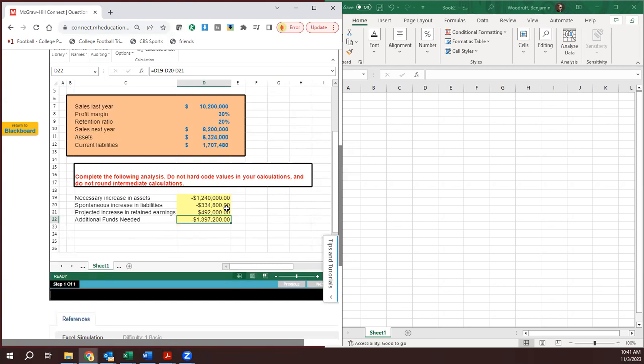But in this case, they're both negative numbers. I would just say, what's my assets minus those liabilities, and then minus the retained earnings. If you think about it again, it's on a balance sheet. The assets are on one side, liabilities and retained earnings are on the other. So I start with assets minus whatever change in liabilities and retained earnings. That difference is what I need to balance, and that's what you're seeing here.